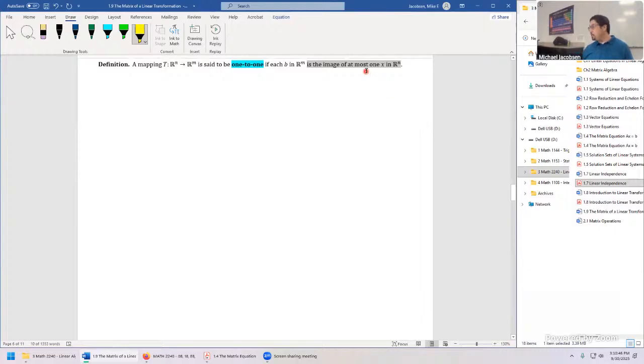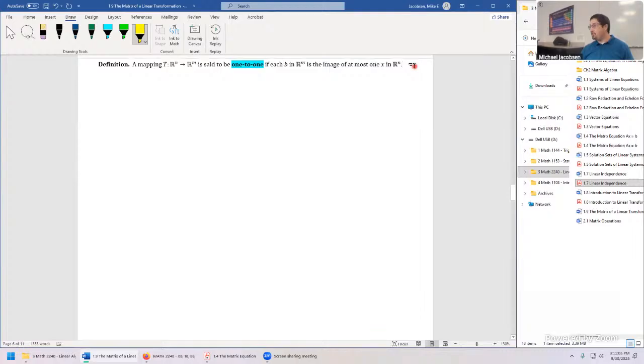So the wording at most is pretty particular here. You might have had pictures in the back of your mind's eye on this one. One-to-one means an ordinary function from algebra would pass the horizontal line test, intersect only once at any horizontal line at most.